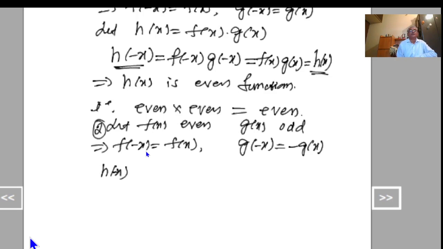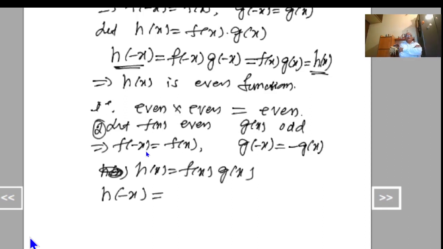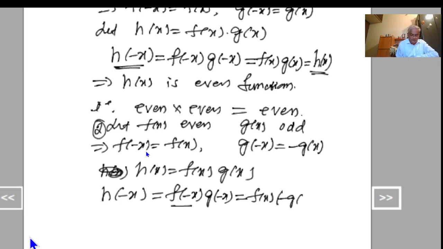Now if I replace x by -x here, then h(-x) is equal to f(-x) times g(-x). This is equal to, here f(x) is an even function, therefore f(-x) is just f(x), times, g(x) is an odd function, therefore g(-x) is -g(x).